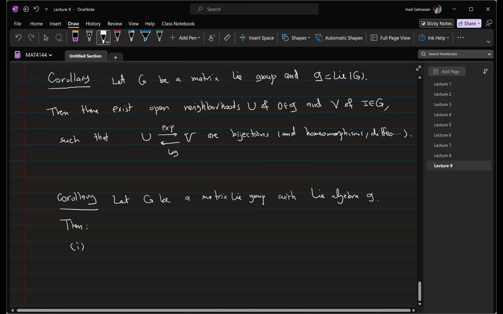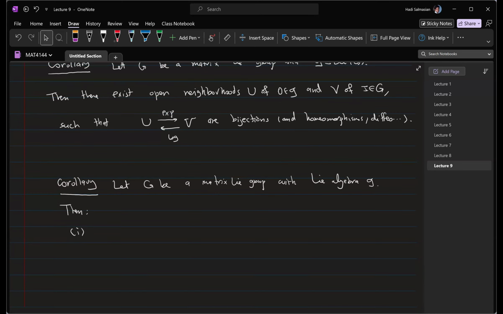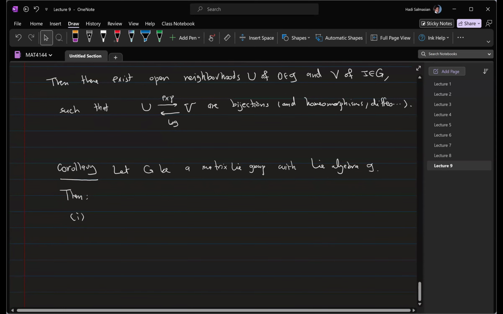So remember, a manifold is a topological space which has these charts. We talked about the definition, so we need these charts. Now the claim is that G becomes a submanifold of GL n C, okay? Which means that we have to provide the charts, but the exponential map and its translations will provide these charts. So let me just first give the assertion, and then I give the explanation.